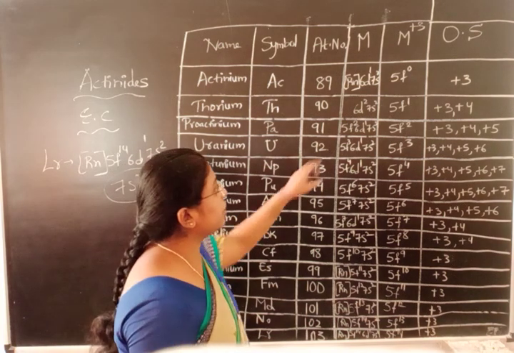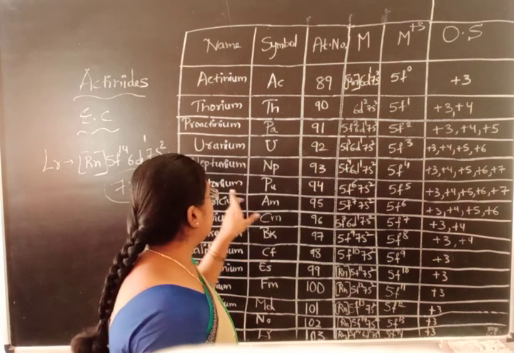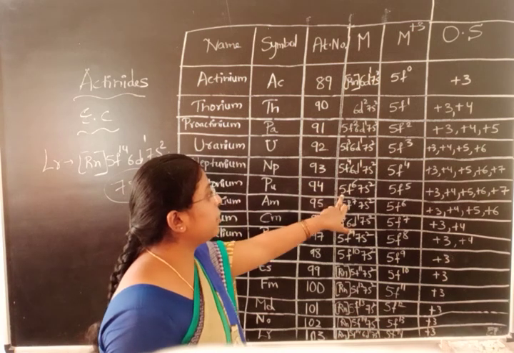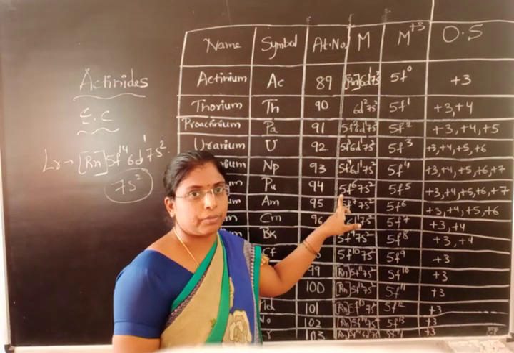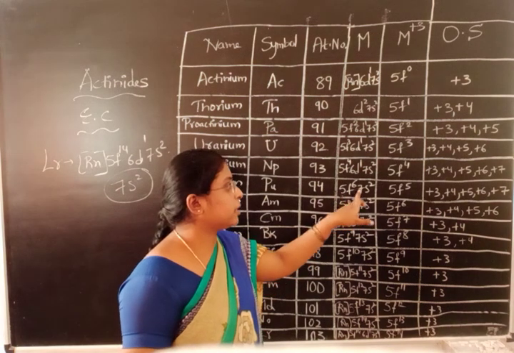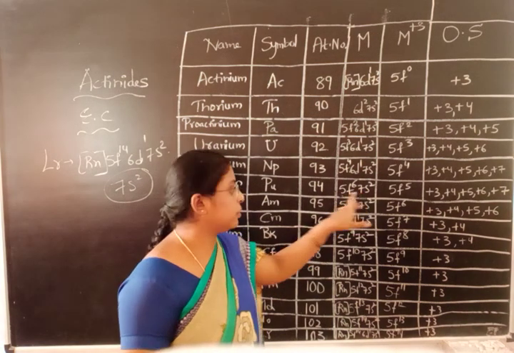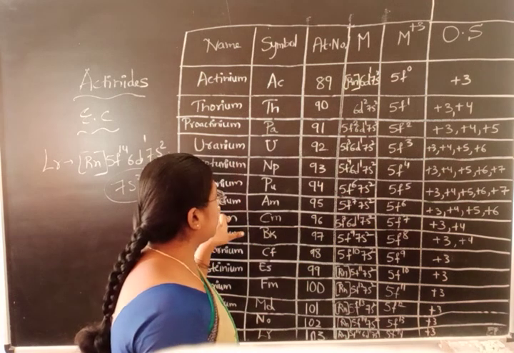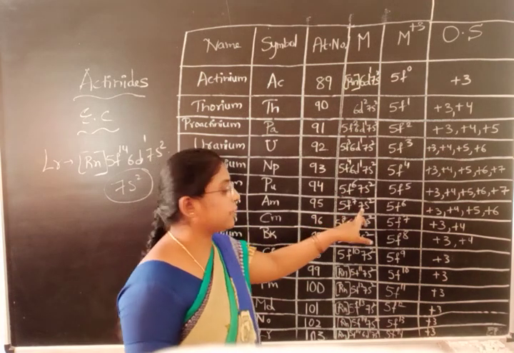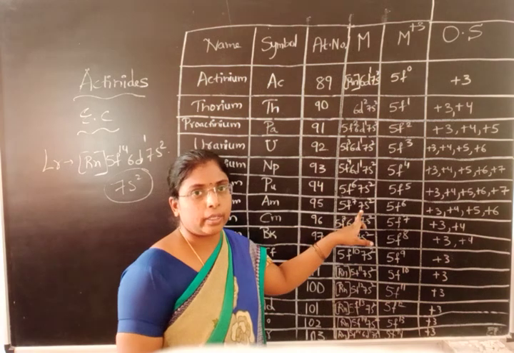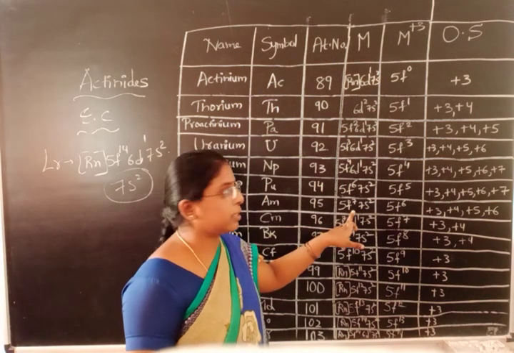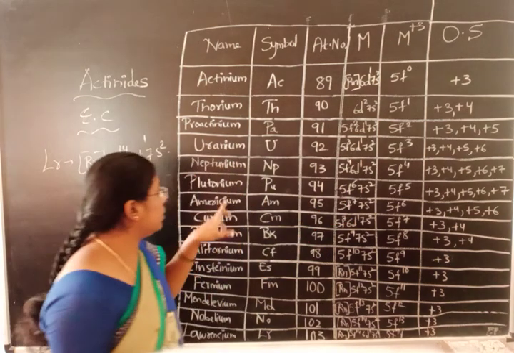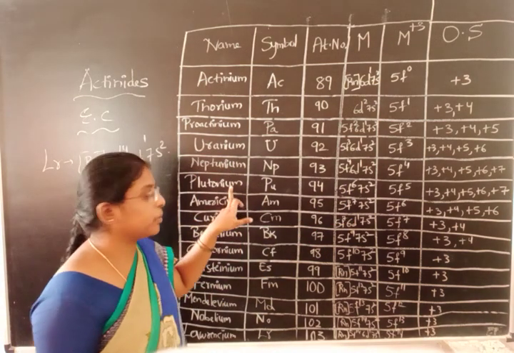Some of the elements like plutonium have 5f6 7s2, with no 5d electrons, 5d0. As well as americium has 5f7 7s2. There are no electrons in 6d in the case of americium as well as plutonium.